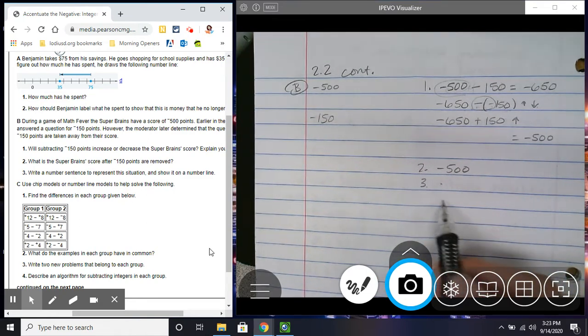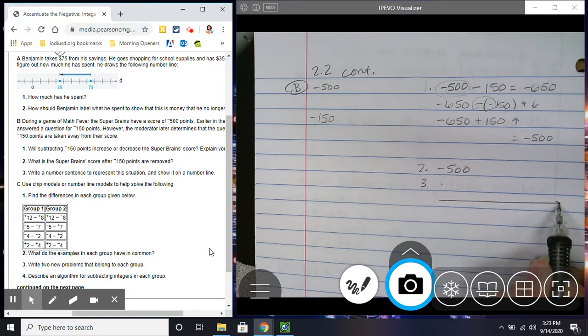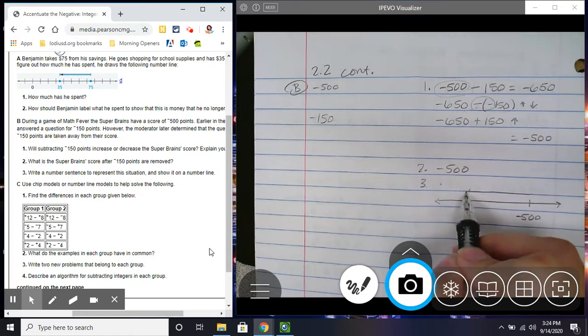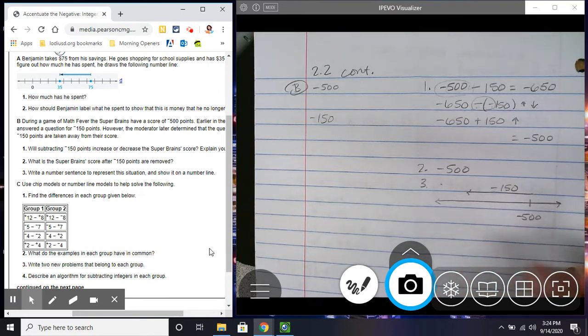So I'm going to do it down here to give myself some more room. So if I'm here at -500, they lost 150 points, so went back this way, 150 points to -650, right? But then they undid that.